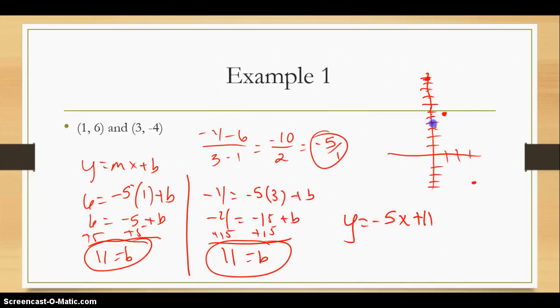So those points that we were given are on that line, just to make sure that you have the right slope. So you can check your answer.